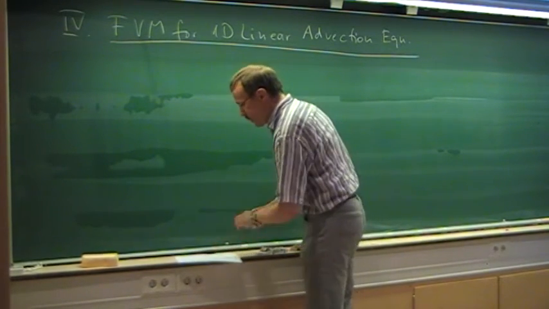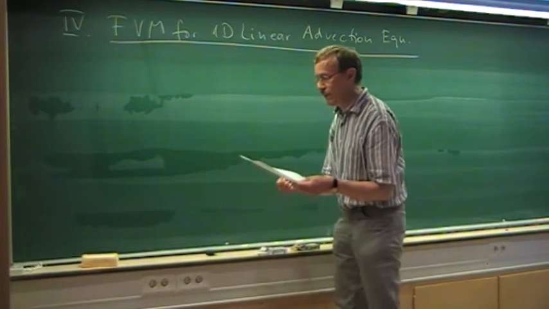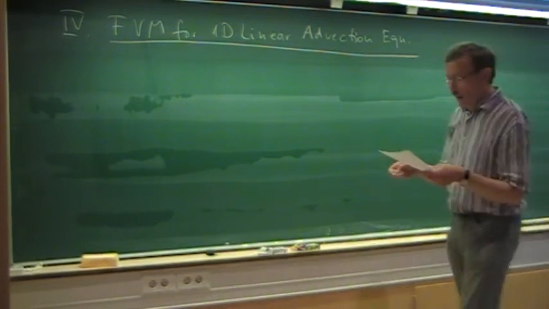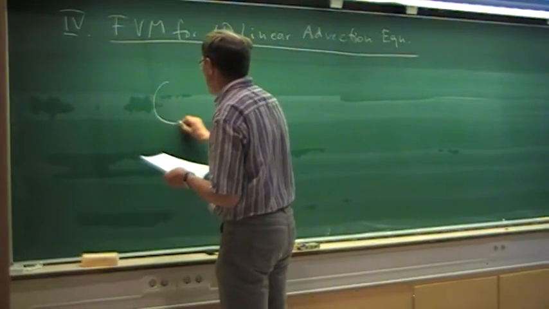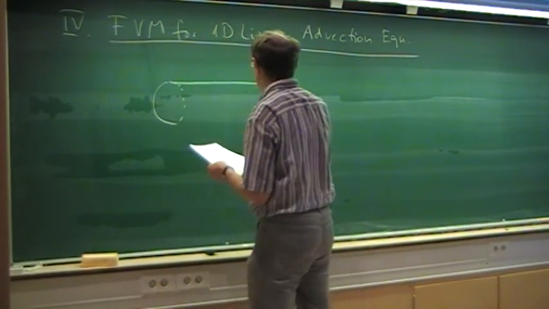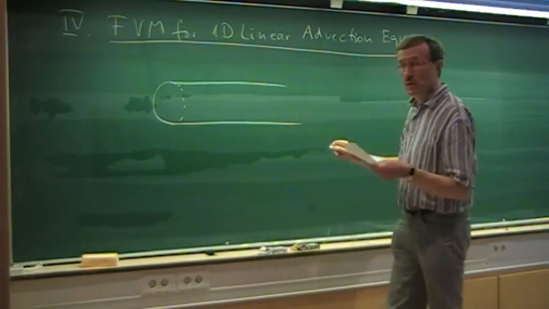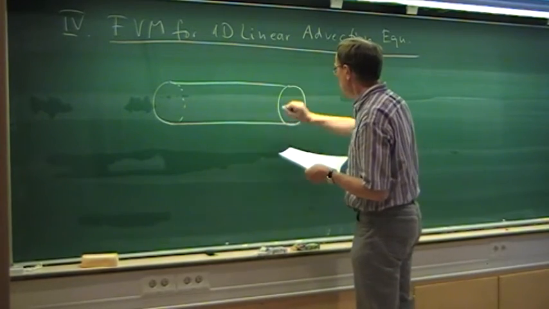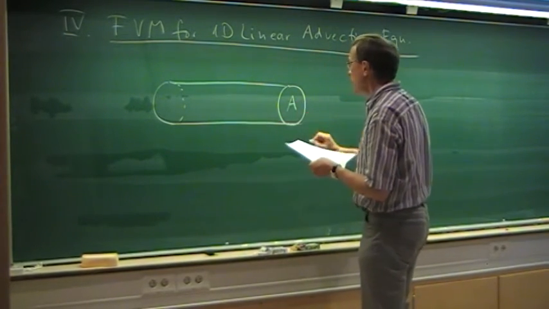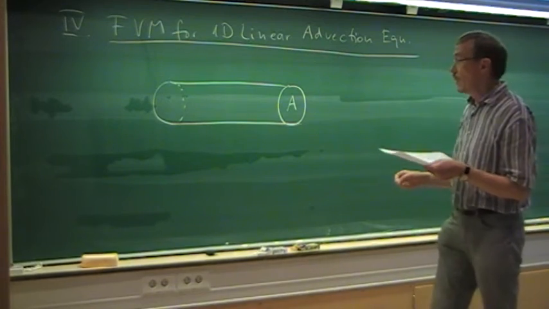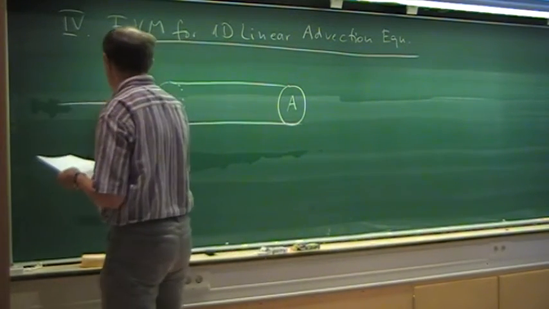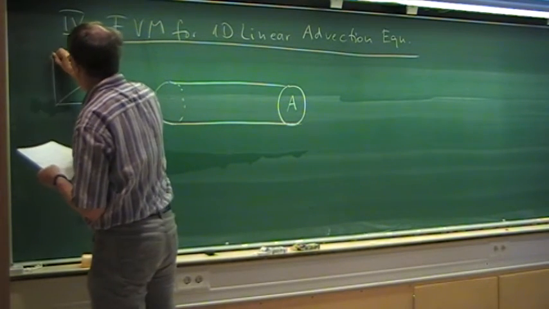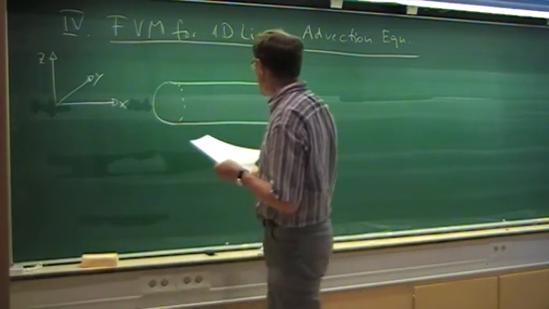So we assume that we have, for example, a pipeline, and there we have gas or liquid flowing. We make again the assumption that the cross-sectional area is constant, and we assume that the axial direction is the x direction. So that is our coordinate system.